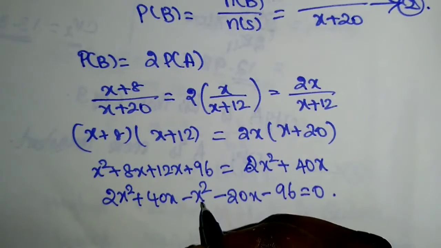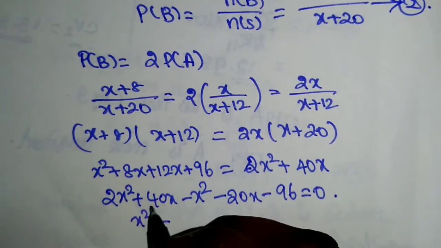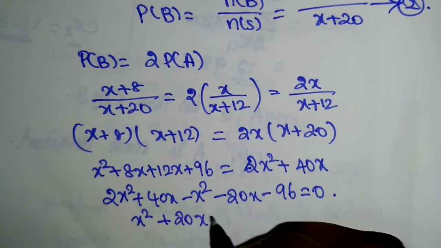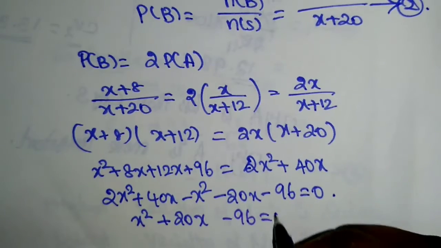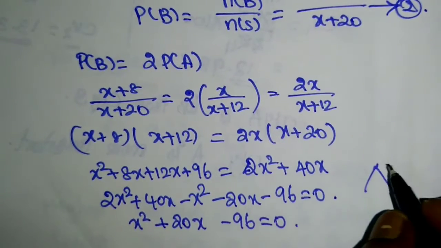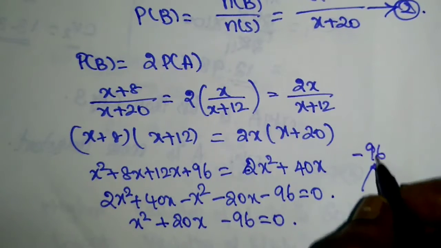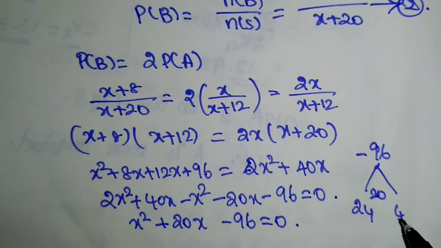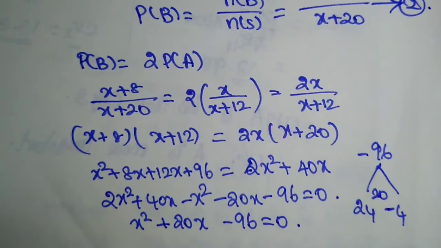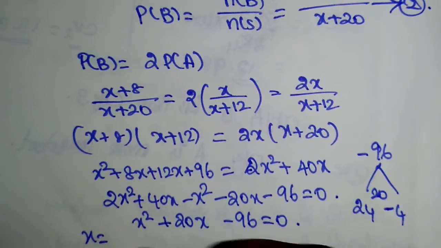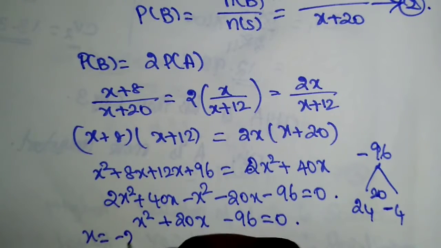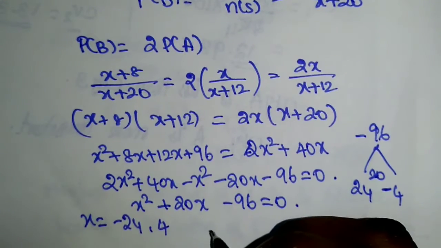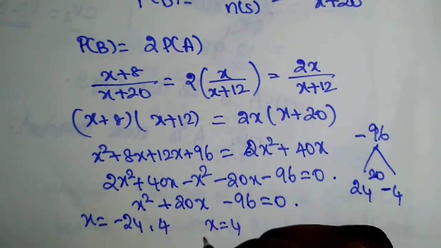So 2x square minus x square, we get x square; 40 minus 20, we get plus 20x; minus 96 is equal to 0. Here the product is minus 96 and the sum is plus 20. So 24 into 4 is 96, here minus 4. So x is equal to minus 24 and 4. The number will be positive, so x is equal to 4.